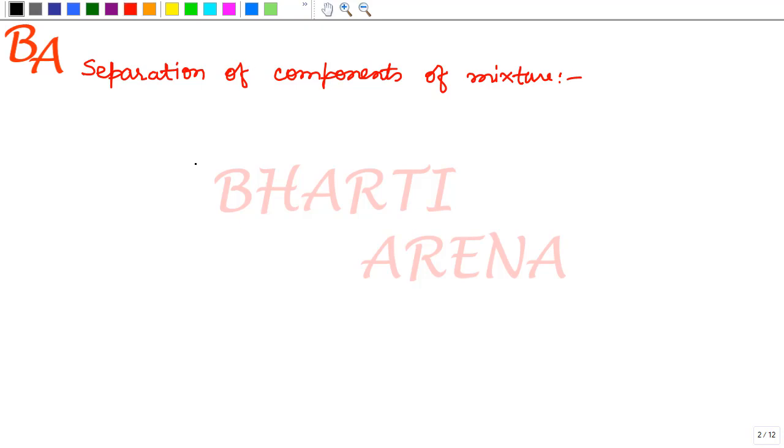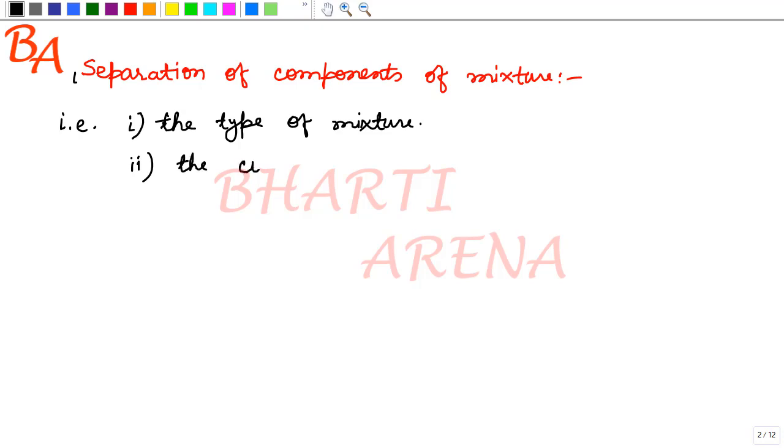When we decide to separate the components of a mixture, then there are several techniques which depend upon the nature of the components of which the mixture is formed, that is, the type of mixture, and the component which we want to collect.